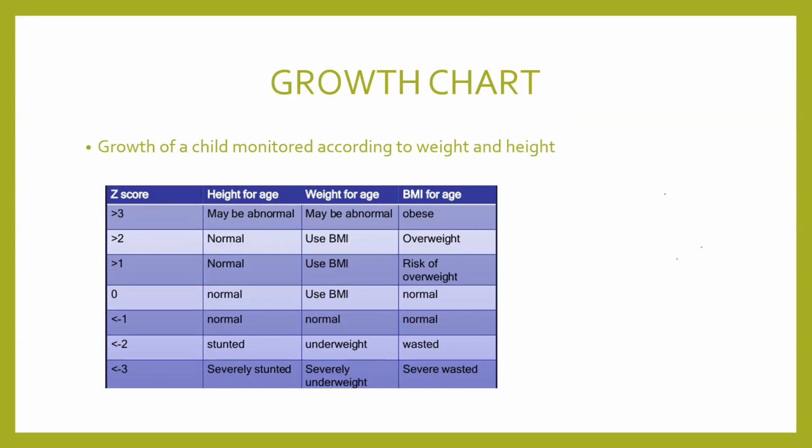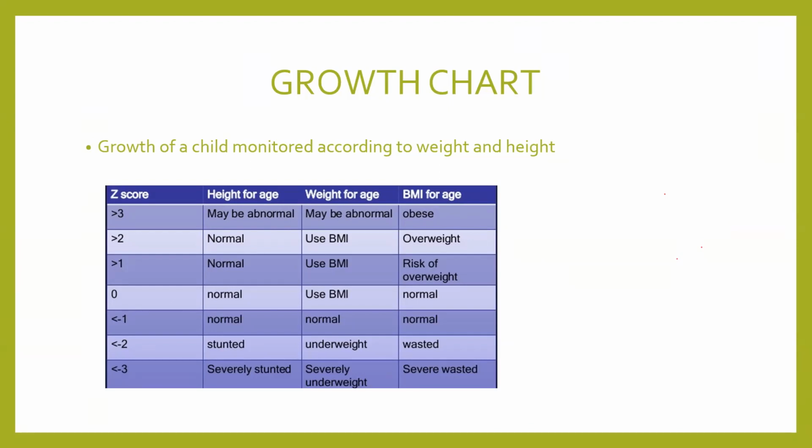As we plot the graph, we can know at which score the patient is. From that we know that the child may have a normal weight, or be abnormal or underweight.